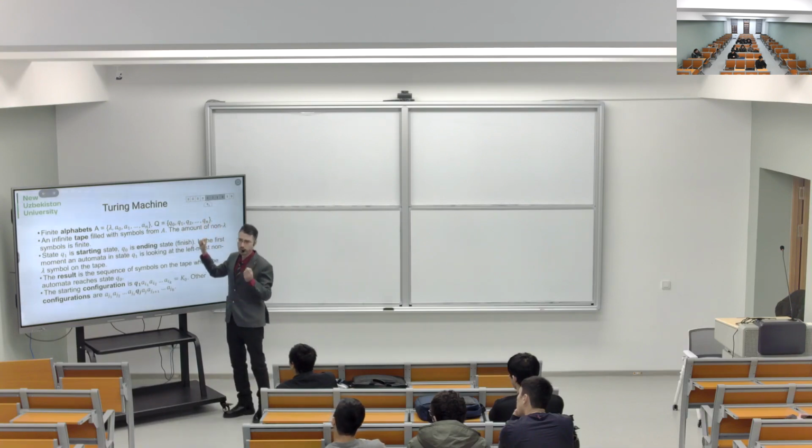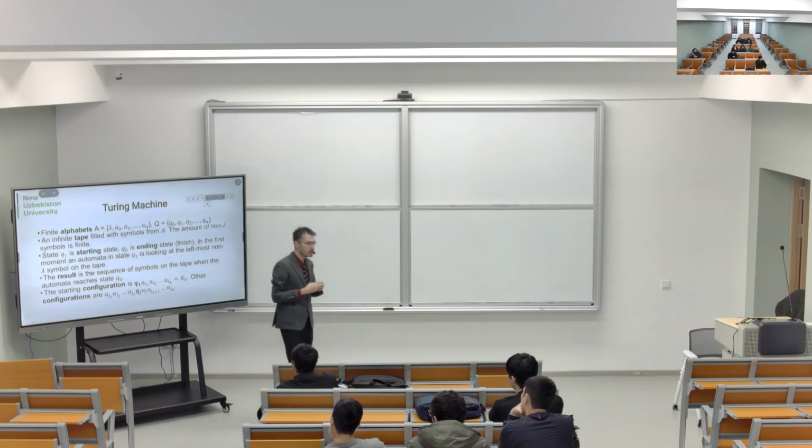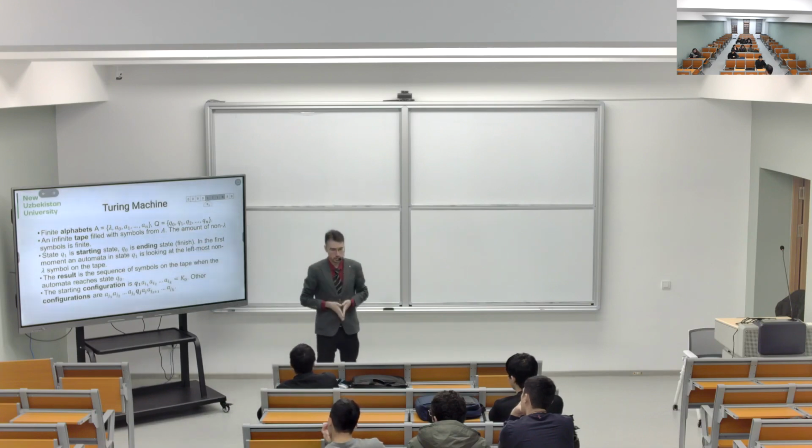Now let's say that this is the first state, the state at which the machine starts working, and Q0 is the ending state. It means if the machine reached Q0, it stops, and we know the machine stopped calculation.